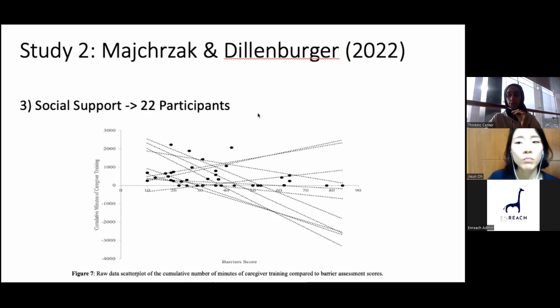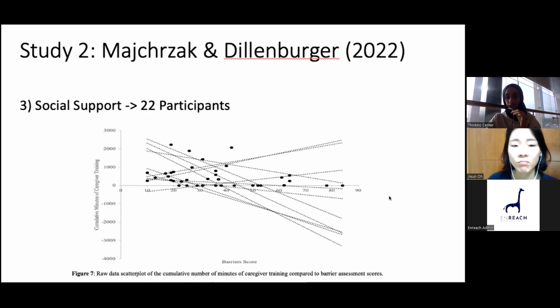So for 20 out of 22 participants, the VB-MAP milestone scores increased following caregiver training. And for 8 of the participants, the barriers assessment scores decreased after caregiver training. So only 8 out of 22.